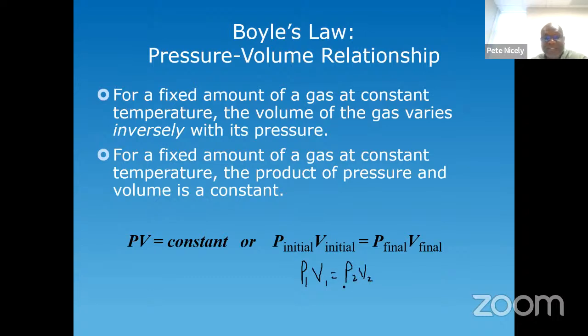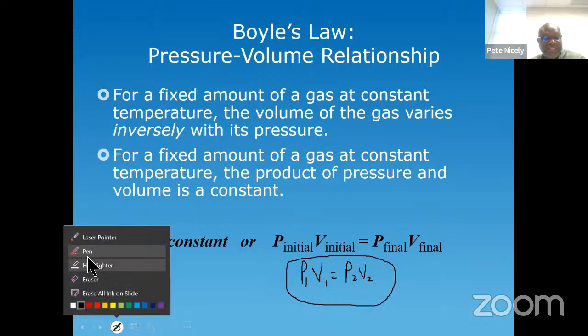All right. So P1 and V1 would be the initial pressure and volume, and P2 and V2 would be the final pressure and volume. All right. So this is a more useful expression of Boyle's law, because we can actually use this relationship to solve for one of these items if we know the value of three of the other items.